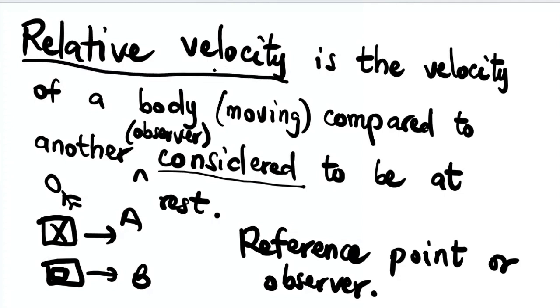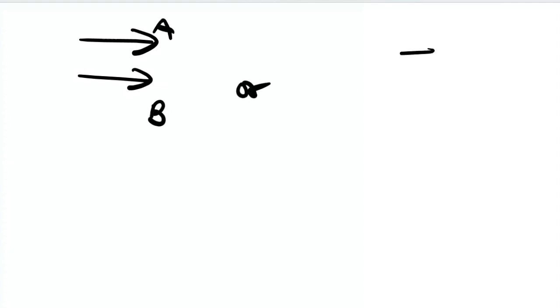We are going to look at a lot of cases where we'll be seeing the two bodies moving in the same direction. So if A is moving here, B is also moving there, or A is moving like this and B is moving like that, so they are moving in opposite directions.